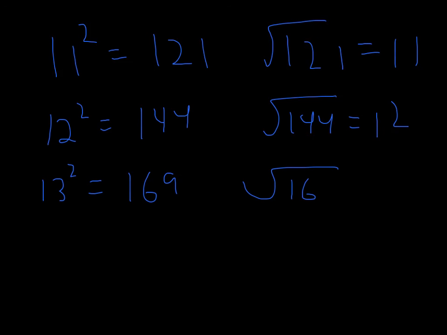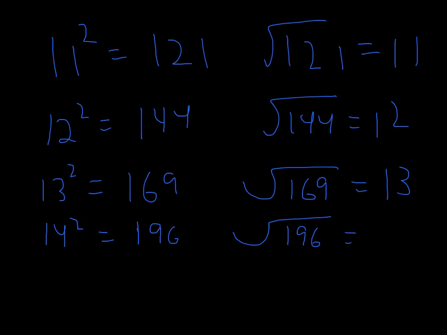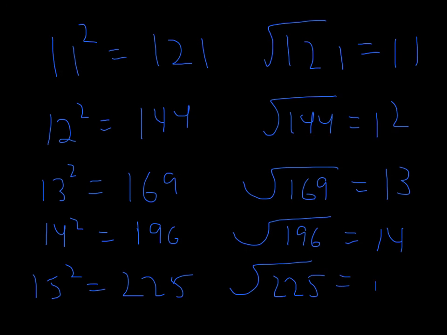So the square root of 169 is 13. 14 squared is 196. The square root of 196, therefore, is 14. 15 squared is 225. Therefore, the square root of 225 is 15. If you know the perfect squares up through 15 squared for 225, and those below, that should be good.